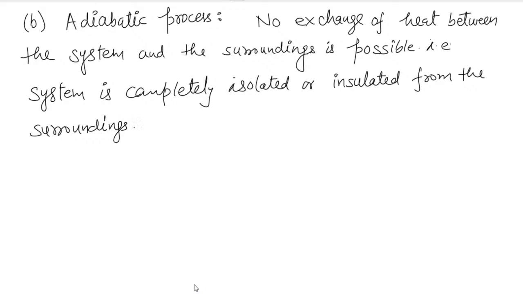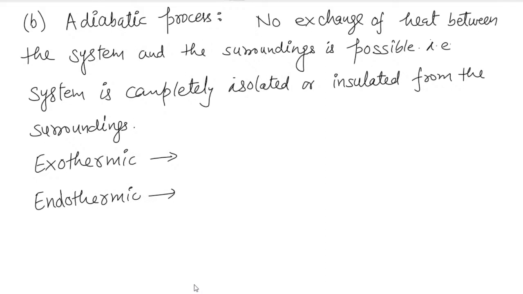Now there is an isolated system. So tell me, in this case, if a change is carried out in the system and it is exothermic, then what happens? Does the temperature of the system increase or decrease? Or if it is endothermic, then what would happen?